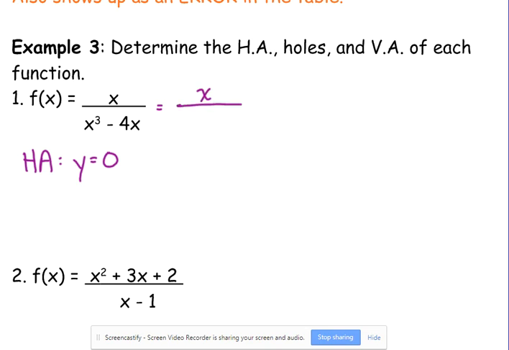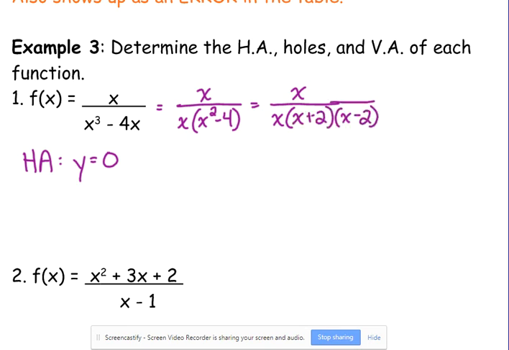Numerator, not factorable. Bottom is. Take out an x first, and then let's factor it fully: x plus 2 times x minus 2. Okay, so we can cancel an x. So here's our simplified version, 1 over x plus 2 times x minus 2.